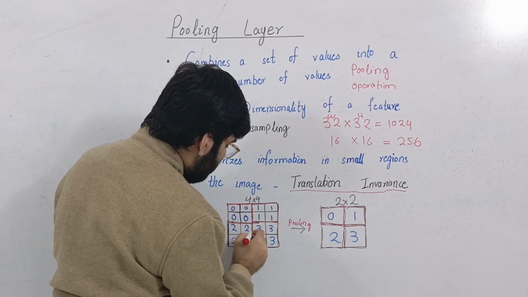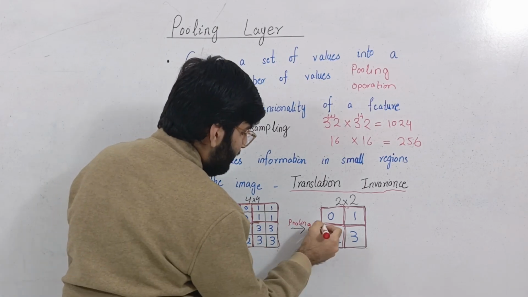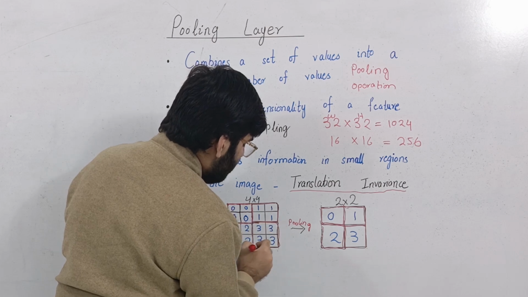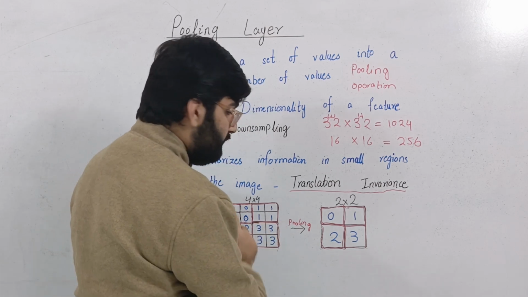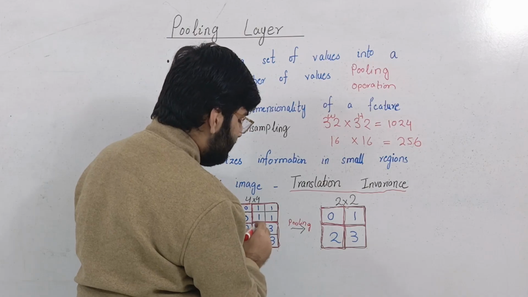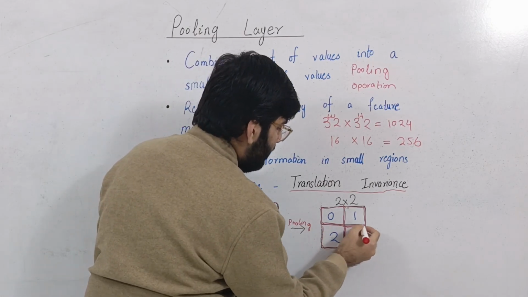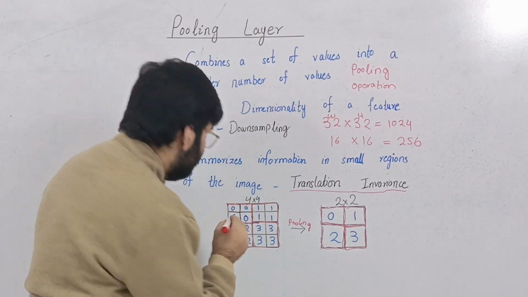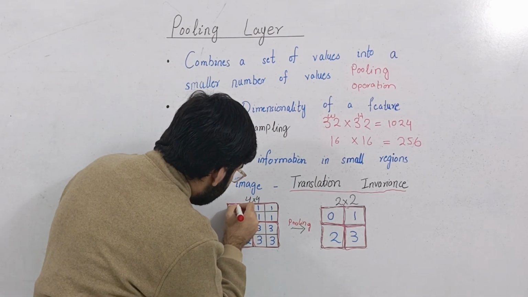This 2 by 2 region is pooled in this box. And finally, this 2 by 2 region containing the digit 3 is pooled into this box. Now, suppose there is a cat here.